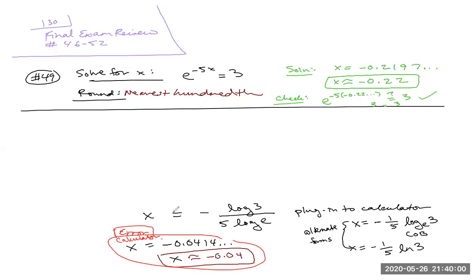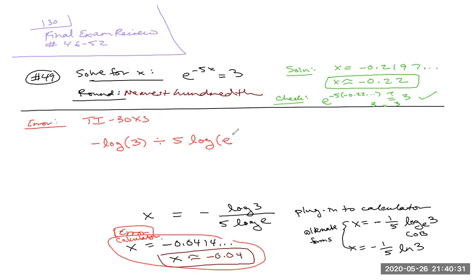So what did I do here? Let me put my error in red. When I plug this into the calculator, I'm using a TI-30XS, and I put negative log parenthesis 3 divide 5 log e.